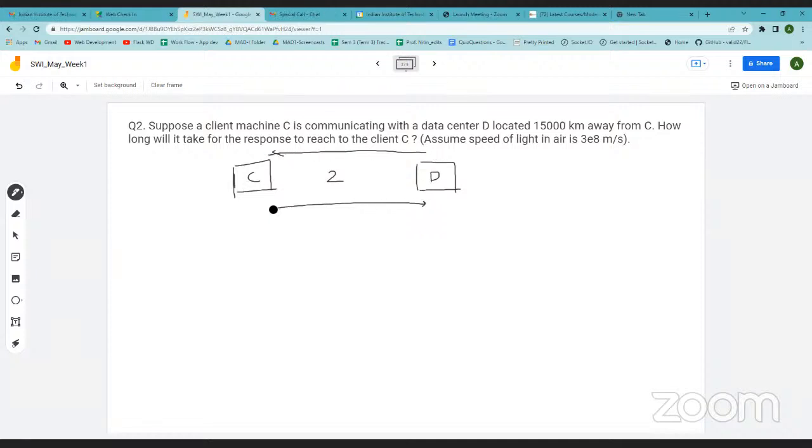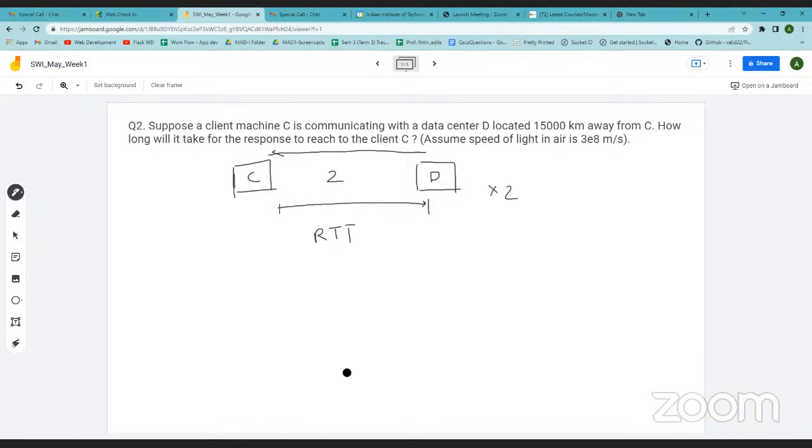The time taken for the request to go to a server and the response to come from server back to client. It is called as round trip time. Okay, RTT. Round trip, right? One trip is being taken by the data. Okay, rest is simply the calculation. What we'll do is we'll find the time taken for one-way communication and we'll multiply it by 2. Okay. Now, to find the time taken for one-way communication is nothing but the previous question. Okay, we'll just have the change of values.